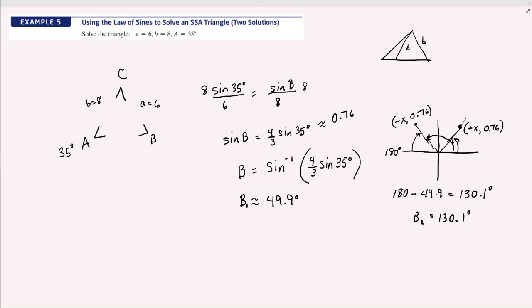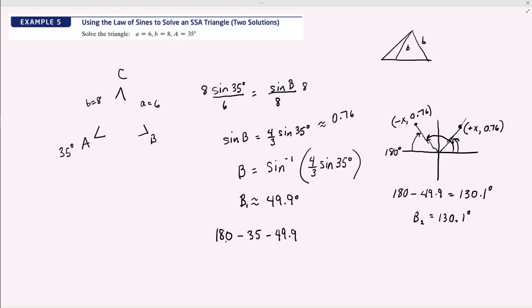Okay, so here's where we see why that's possible. Because if I take my 180 degree total of the sum of the interior angles of the triangle, and if I subtract off the 35, which was our known angle A, and then I subtract off 49.9, then we should get a result that represents the C that goes along with this.